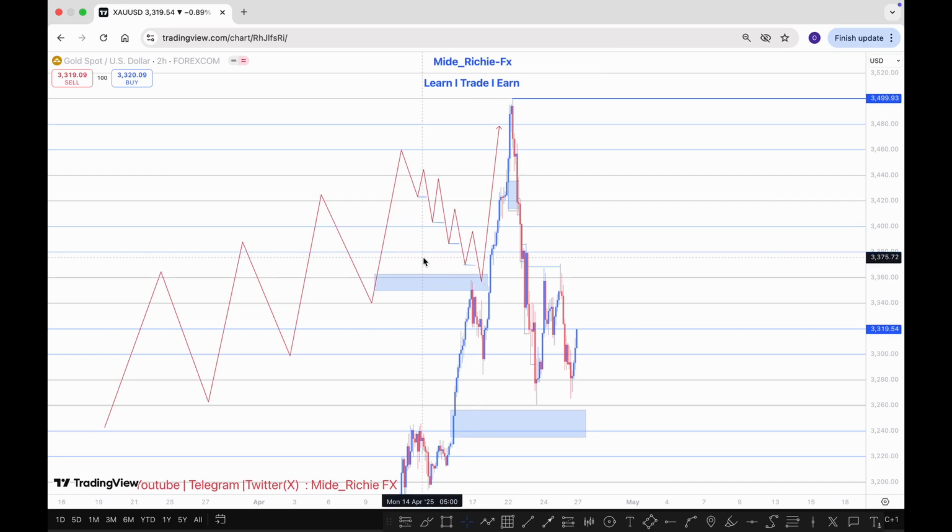As simple as that, right? So basically, this is how to trade internal structures and retracements. As simple as that, guys. You can just go to your charts, analyze this, and see for yourself how powerful it works.